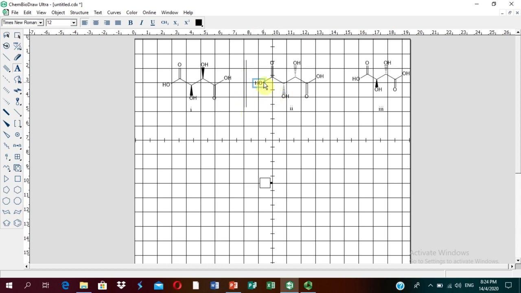Okay. But this structure, this going down, is it COOH? So in order to get the same position as molecule 1, this is not the right position, because COOH is on the other side.